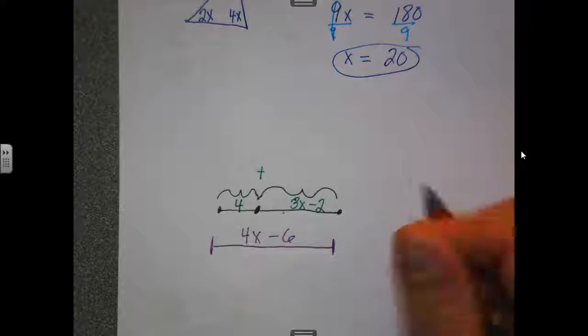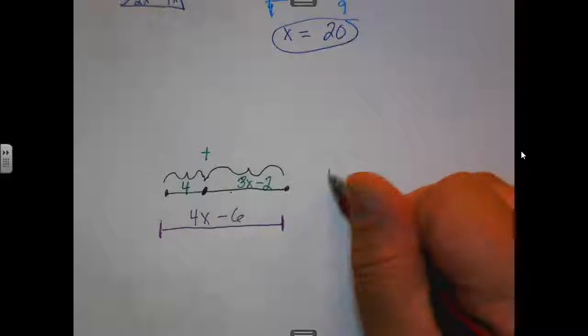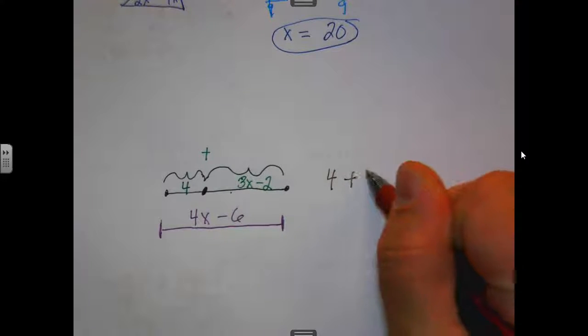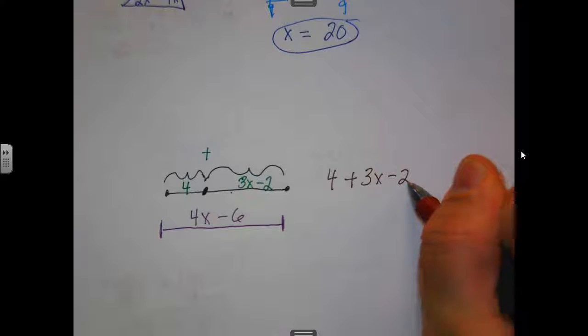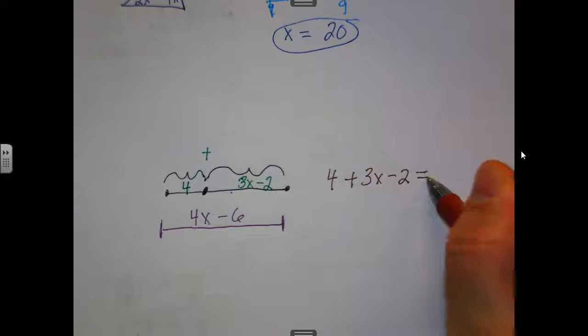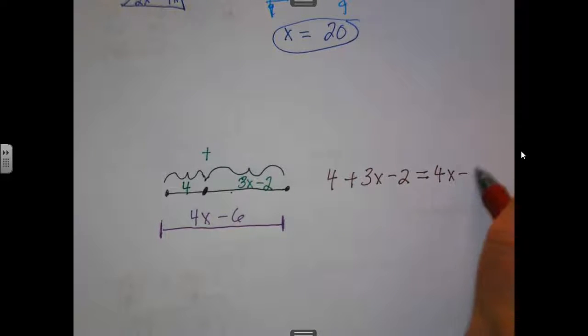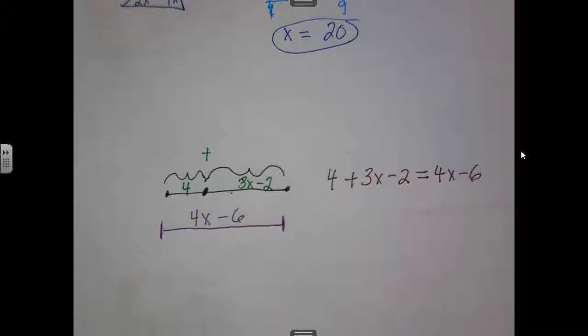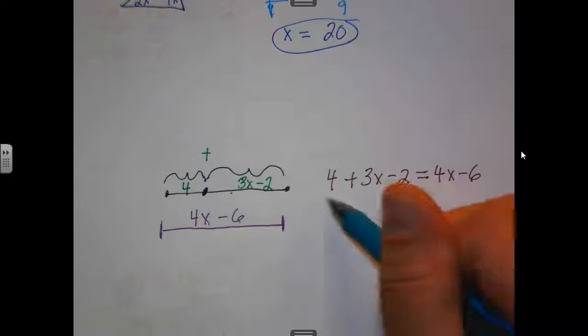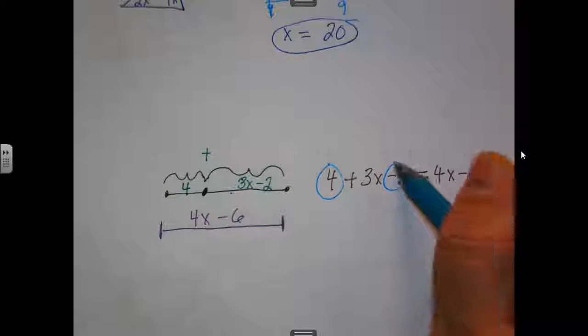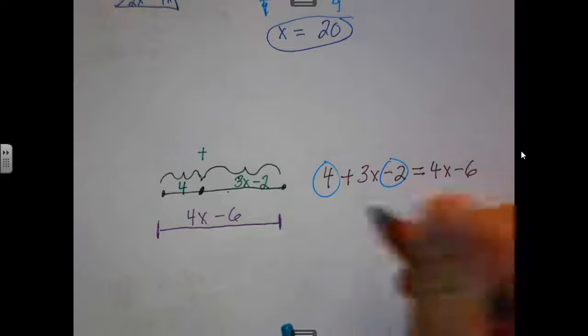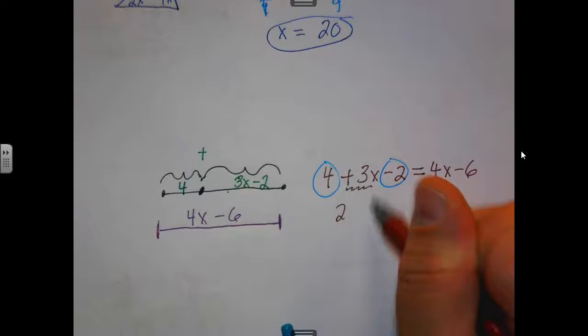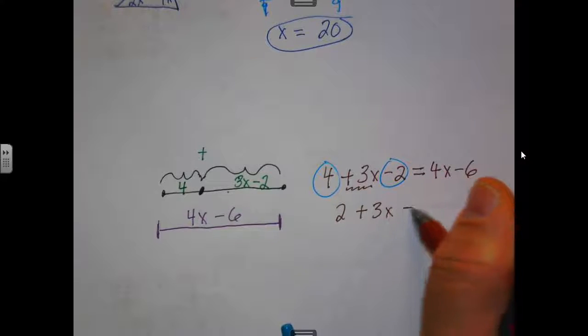So if I add those together, 4 plus 3x minus 2 equals a long one, 4x minus 6. Solve for x. See, I have a 4 and a minus 2 gives me 2 plus 3x.